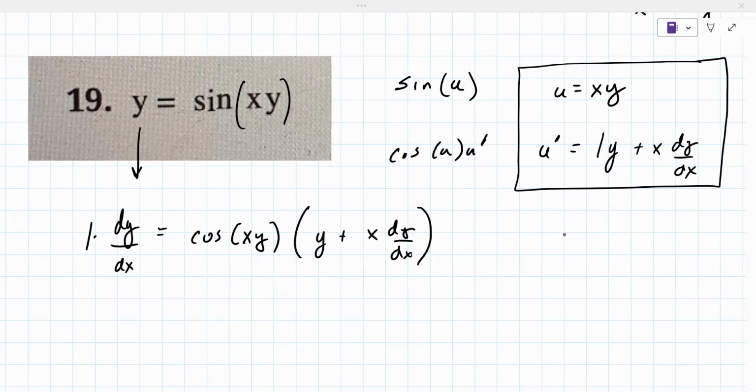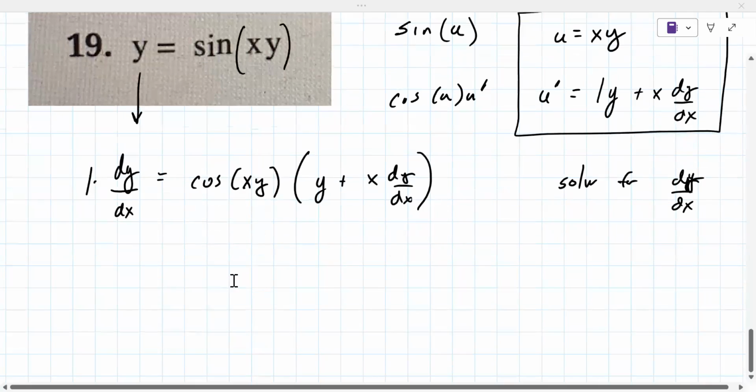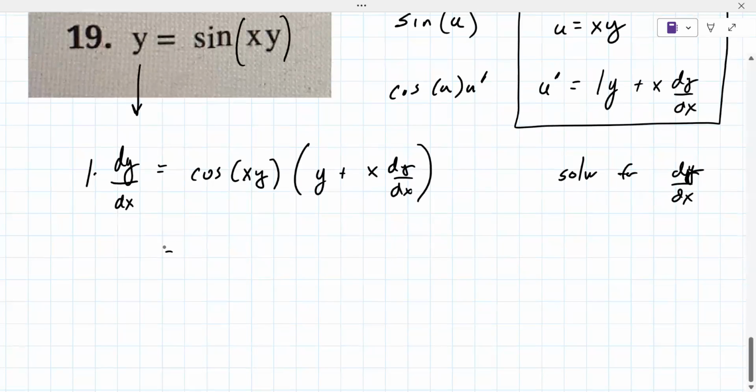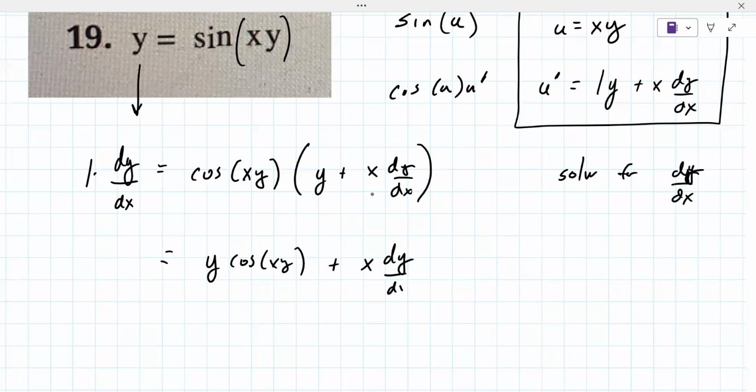So you still have to solve for dy/dx. All right. So on the right here, you have to distribute in. So this becomes y cosine xy, and there's generally a preference to put the y's and the other stuff in front, plus x dy/dx cosine xy dy/dx, like that. Okay, and then we need to get everything on one side.